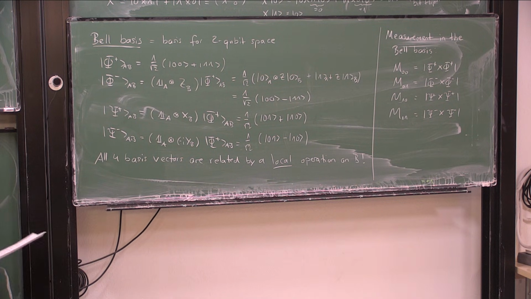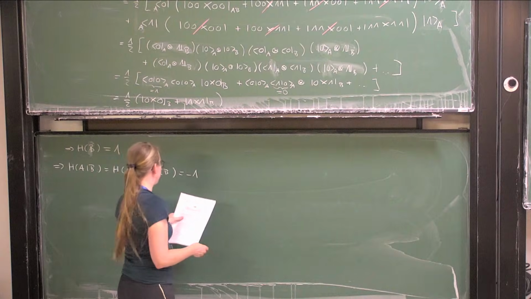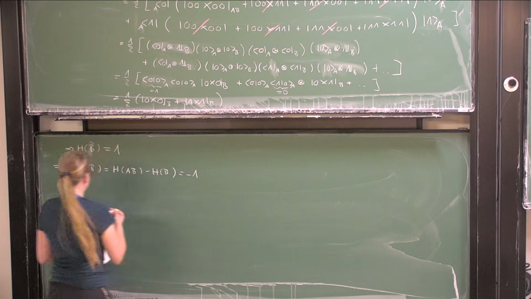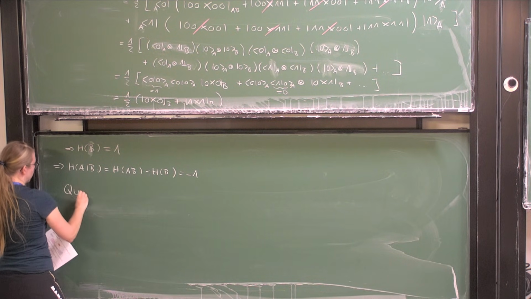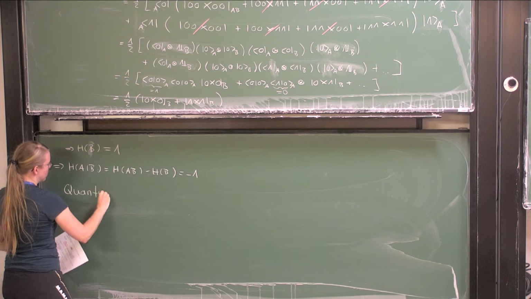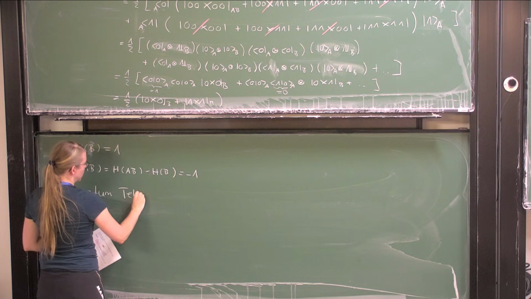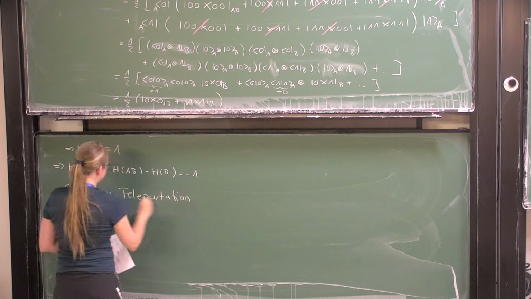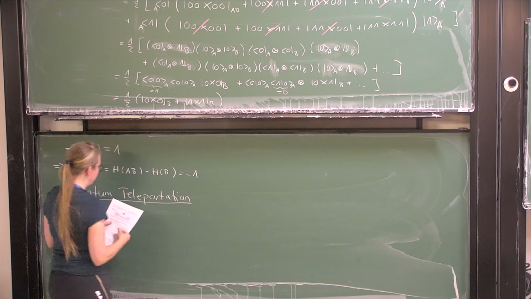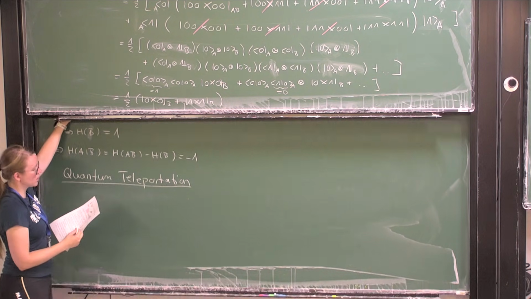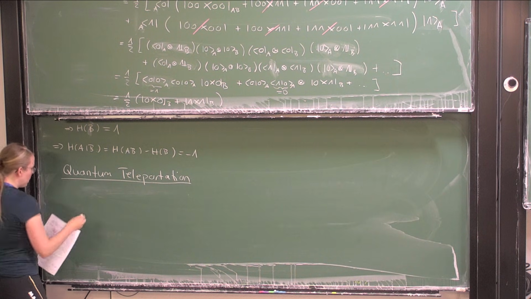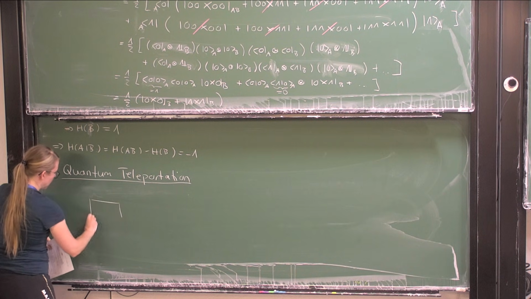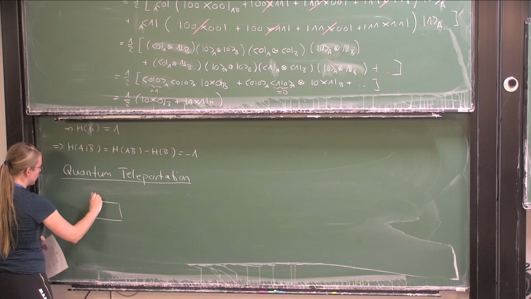Okay, so now we can go to the quantum teleportation protocol and see what that is about. So the situation is the following. Alice has a quantum system in her lab.